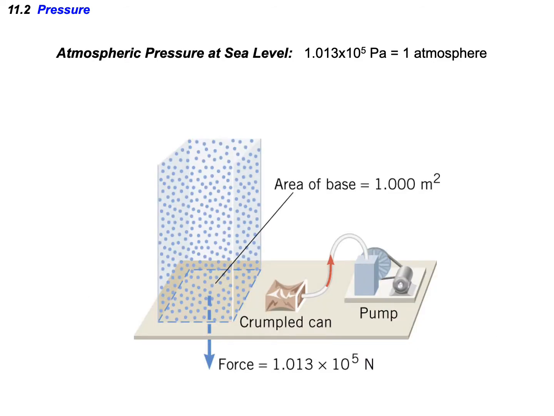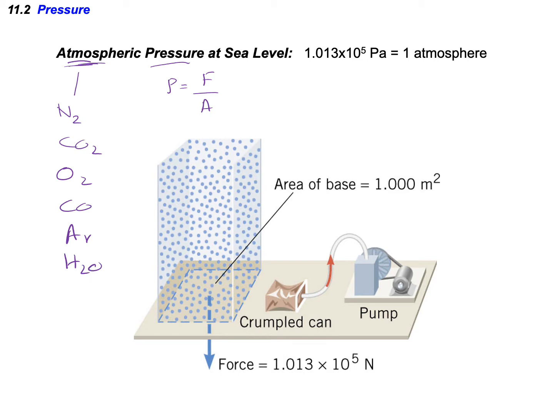Okay, so atmospheric pressure. Pressure P is force over area, we just learned. So what is atmosphere? We know the atmosphere is made out of different gases: nitrogen, carbon dioxide, oxygen, carbon monoxide, argon, water vapor. The combination of these gases makes up the atmosphere.